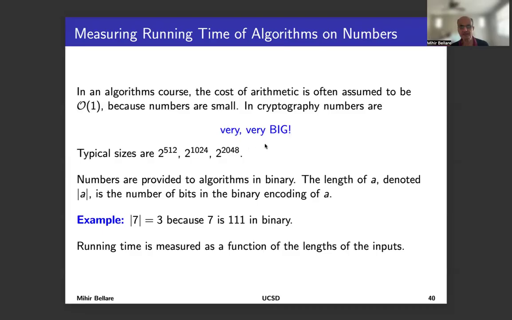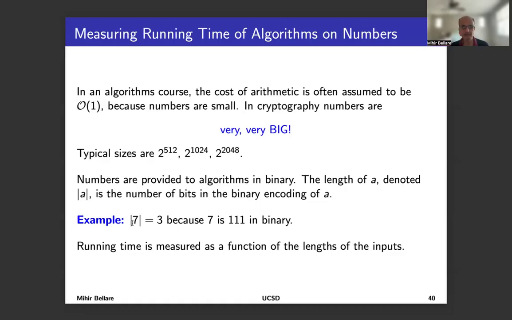The reason to do this is that numbers in cryptography are much, much bigger than we encounter in algorithms. They look, for example, like this in magnitude, so they're hundreds to thousands of bits long. In algorithms, your numbers may be 32 or 64 bits long.